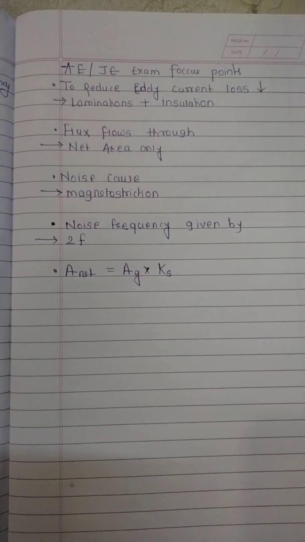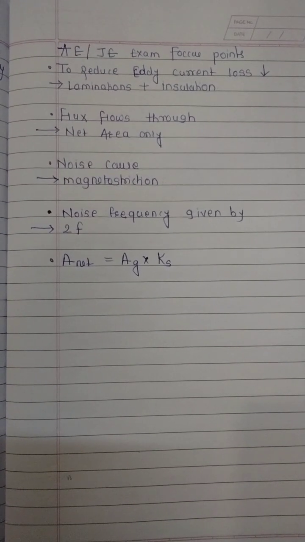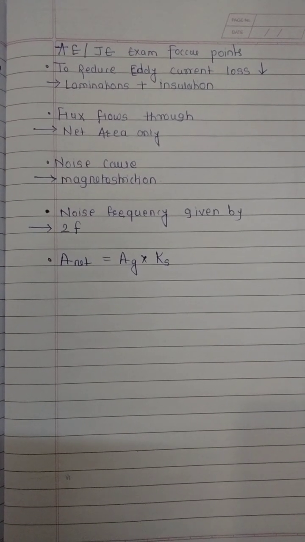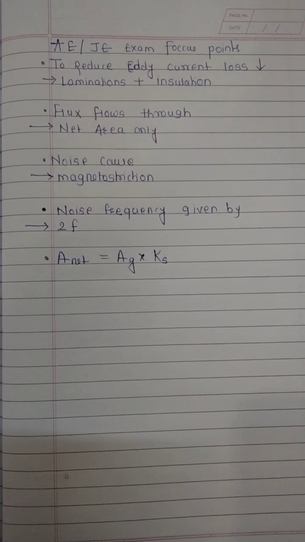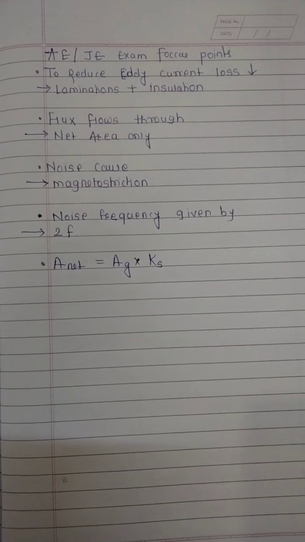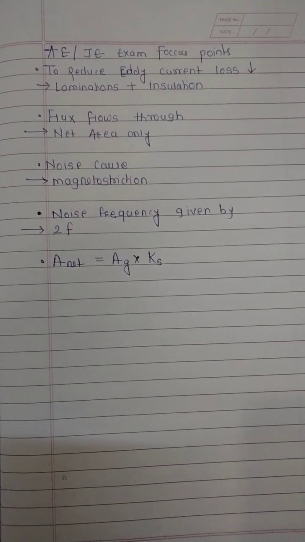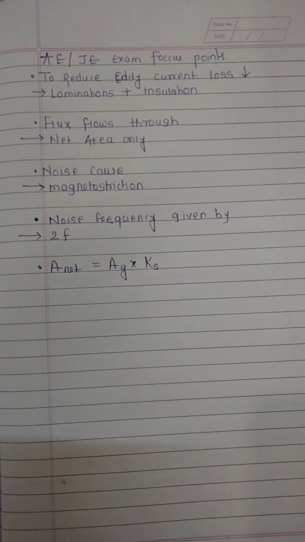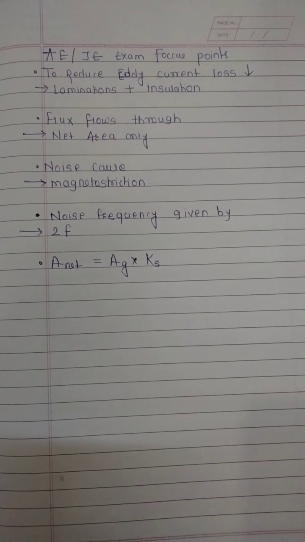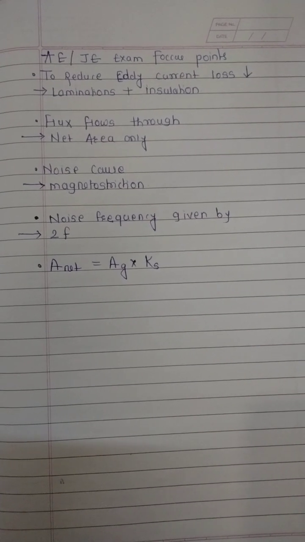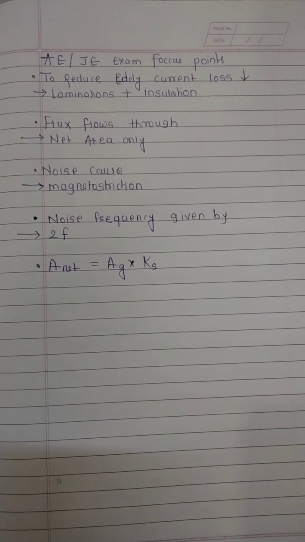The noise frequency is given by 2 into Fs, where Fs is the supply frequency. The net cross-sectional area is given by gross cross-sectional area cross stacking factor, where Ks is the stacking factor whose value is 0.50 to 0.95.